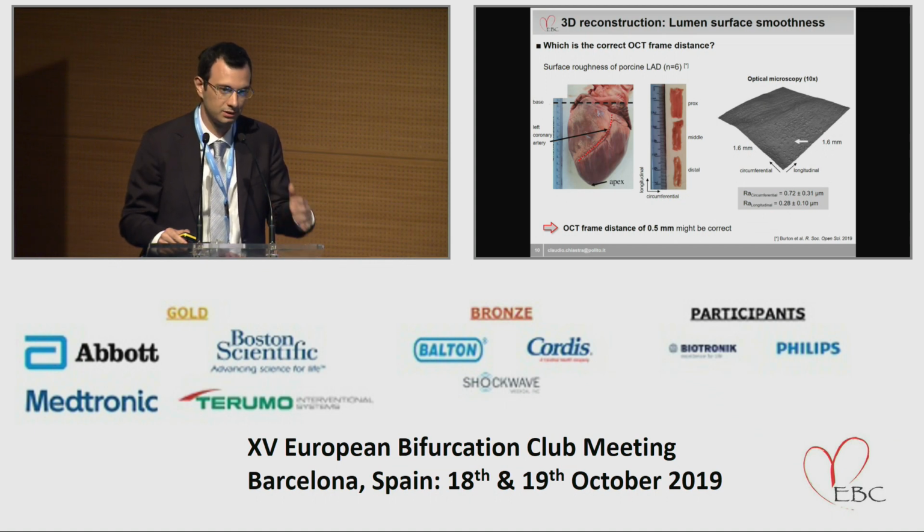And you can see that this surface is smooth with some undulations and some ridges in the circumferential direction. And according to this study, we might say that probably the OCT frame distance of 0.5 millimeters might be correct, as it is able to capture the undulations of the vessel.